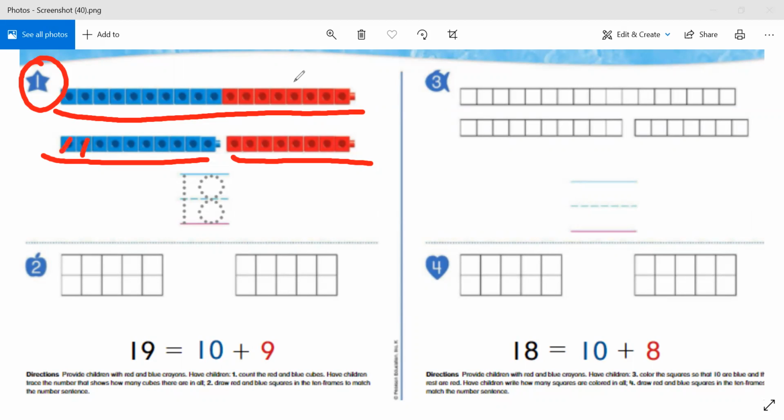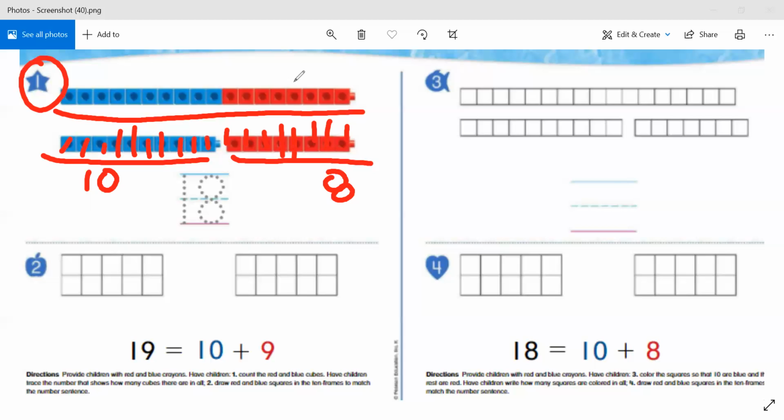1, 2, 3, 4, 5, 6, 7, 8, 9, 10. So we have 10 blue, and how many red do we have? 1, 2, 3, 4, 5, 6, 7, 8. So we have 8 red in this group.